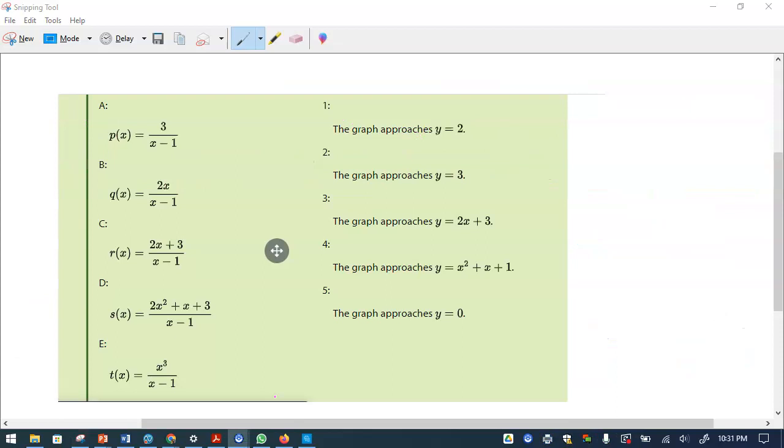Okay, so now they are given options 1, 2, 3, 4, 5, and you want to know which one the graph approaches.